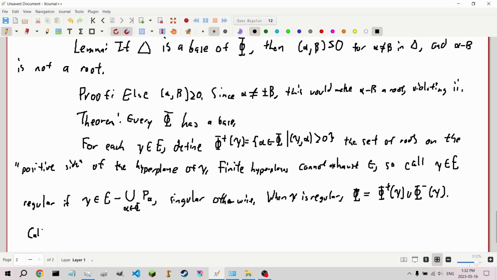Now we call an alpha in phi positive of gamma decomposable if alpha is equal to beta 1 plus beta 2 for some beta i in phi positive of gamma, and indecomposable otherwise.